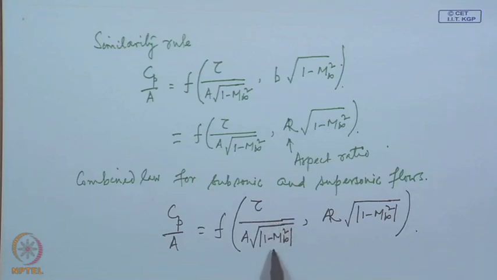Same rule applies here also, if tau by root over 1 minus m infinity square and aspect ratio into square root of 1 minus m infinity square, both the parameters remain constant. That is, as Mach number increases, if we increase the thickness following this and reduce the aspect ratio following this, then the pressure coefficient on the wing surface will remain constant.